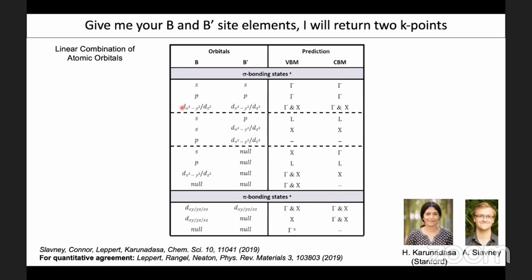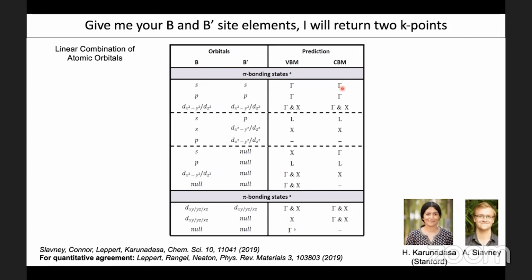This is work we've done a while ago with Hema Karunadasa and her former PhD student, Adam Slavney, with whom we basically came up with a model that relies only on the frontier orbitals that are contributed by the B and B-dash side metals, leading to a prediction at which K points you will find the valence band maximum and the conduction band minimum. So we have this nice table that allows us basically to predict, just by knowing what the two metal sites are, what type of band gap we can expect.